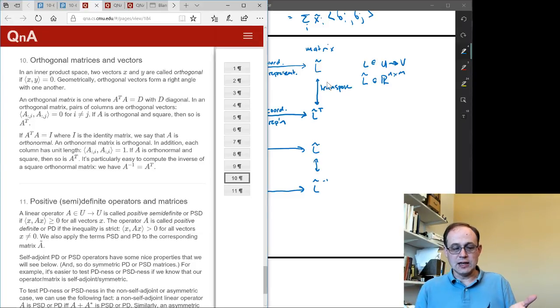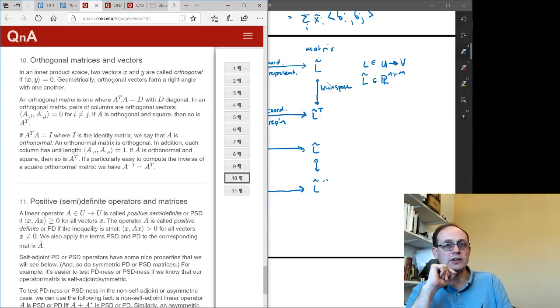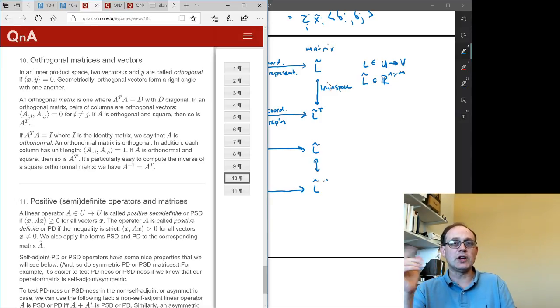Orthogonality is important geometrically because orthogonality in a vector space is basically the analog of being at right angles, right? So if you have two vectors in Rn that are at a right angle, you can prove that their dot product is 0, and that generalizes to arbitrary vector spaces. We say that two vectors are orthogonal or at right angles if their inner product is 0.